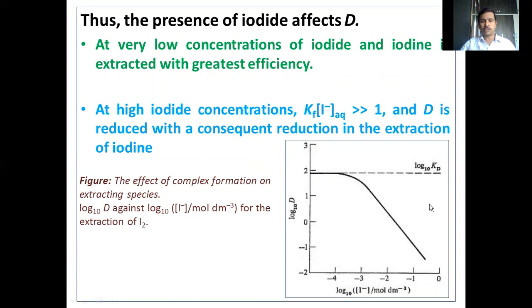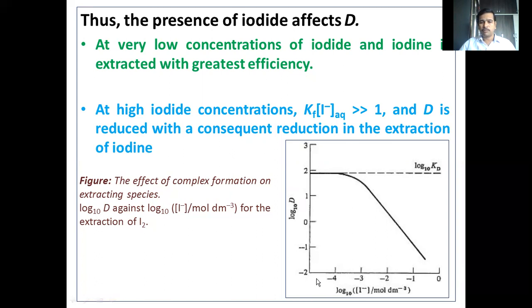So that is what is demonstrated in this graph. As the concentration of iodide, which is taken on the x-axis, is increased, the value of D tends to decrease. Here the range of iodide concentration has been presented at which the value of D remains almost at an equal level.